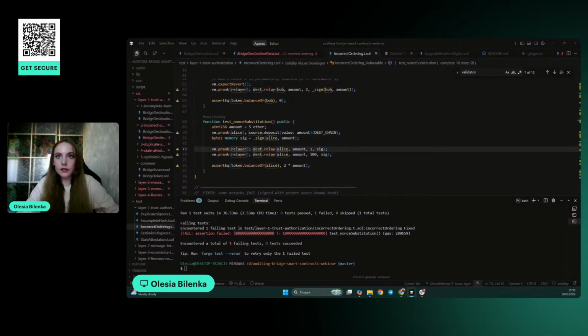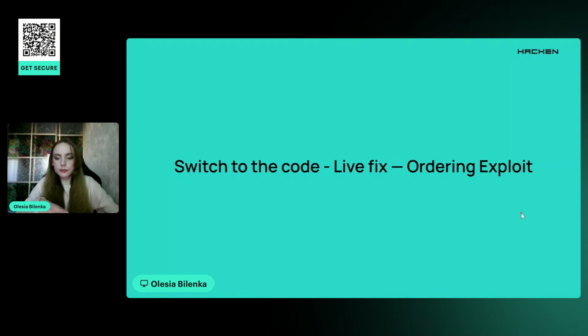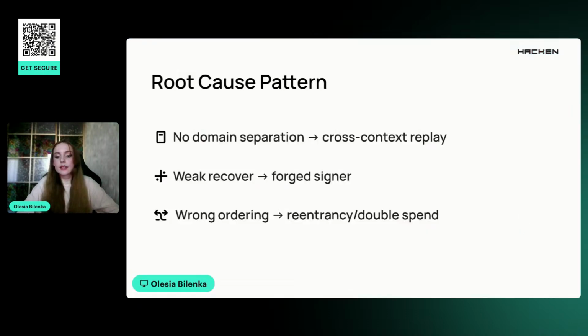So to sum it up, let's wrap this up with the root cause patterns we demonstrated. No domain separation means cross-contract replay. This is what we saw in the first breach.